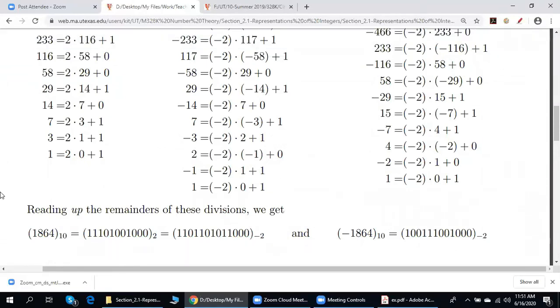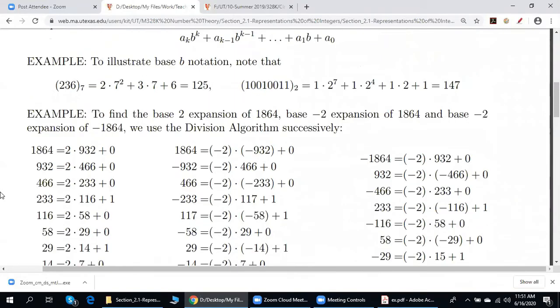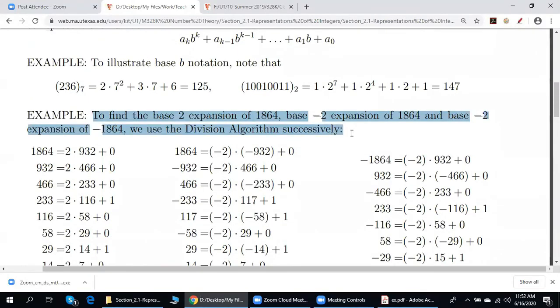Okay. But here is the next question. Over here, we have 3 examples. 2 examples for positive 1864, base 2 and base -2, and 1 example for negative 1864, base -2.